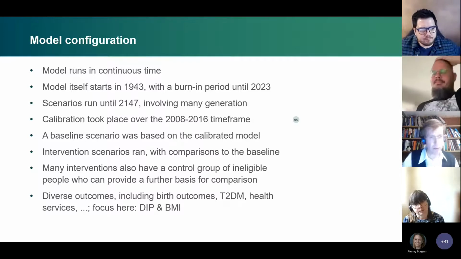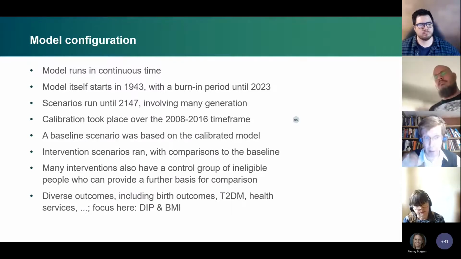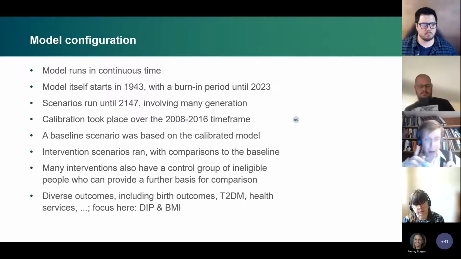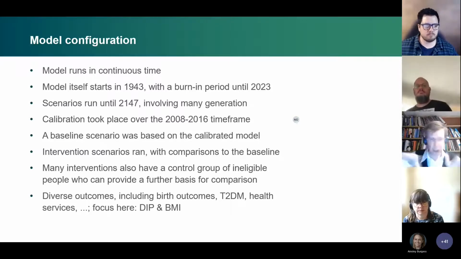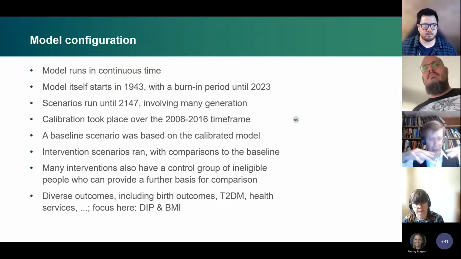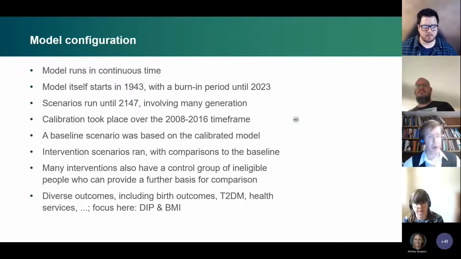So this model was configured to run in continuous time. The model starts with an 80-year, what's called burn-in period, to make sure it's in balance and better captures the current context.